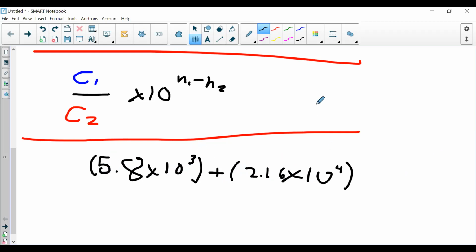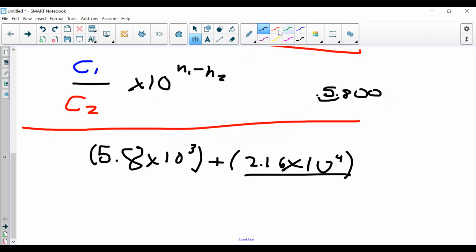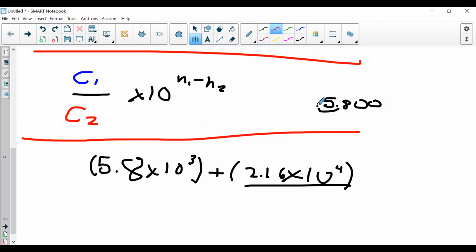Because just to give you an example, with 5.8, if I want 5.8 times 10 to the 3, so that's going to be technically 5,800. That's what times 10 to the 3 means. If I want that written in times 10 to the 4, which is what my larger number is, I'm going to have to move the decimal right there because watch, when I have that new decimal here, that is a 1, 2, 3, 4 jump.